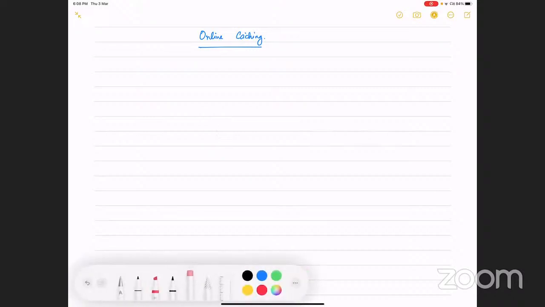Otherwise, I'll just write with my finger if there's an issue with the pen. Usually, it never gives an issue.